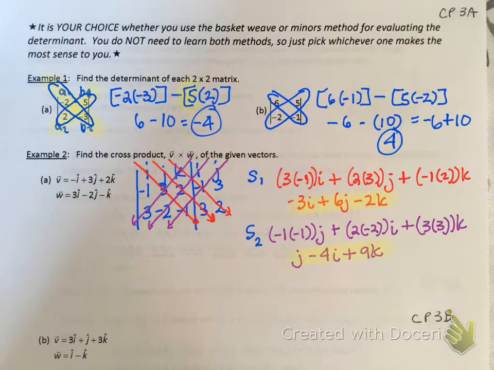Okay, now the directions tell me that I have to add any like terms together to get the resulting vector. So what we're going to do is take sum 1 minus sum 2. Sum 1 is negative 3i plus 6j minus 2k, minus j minus 4i plus 9k.